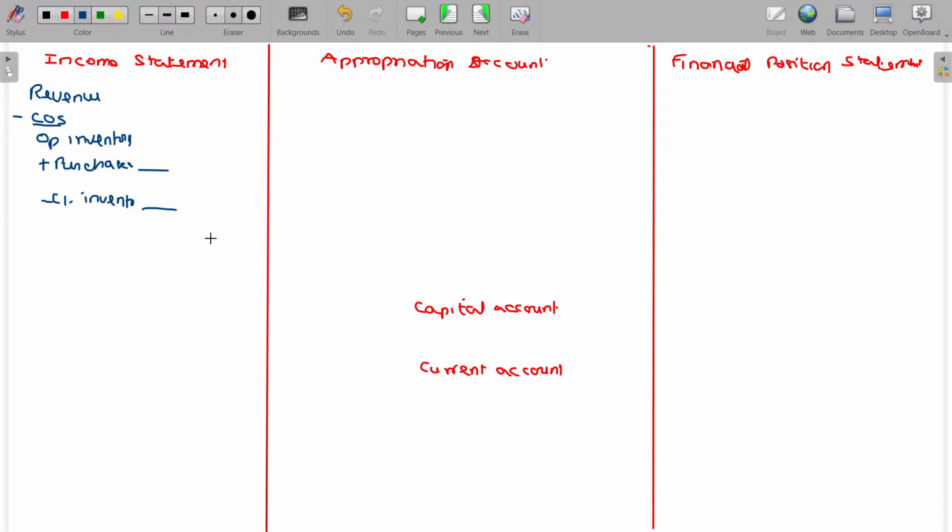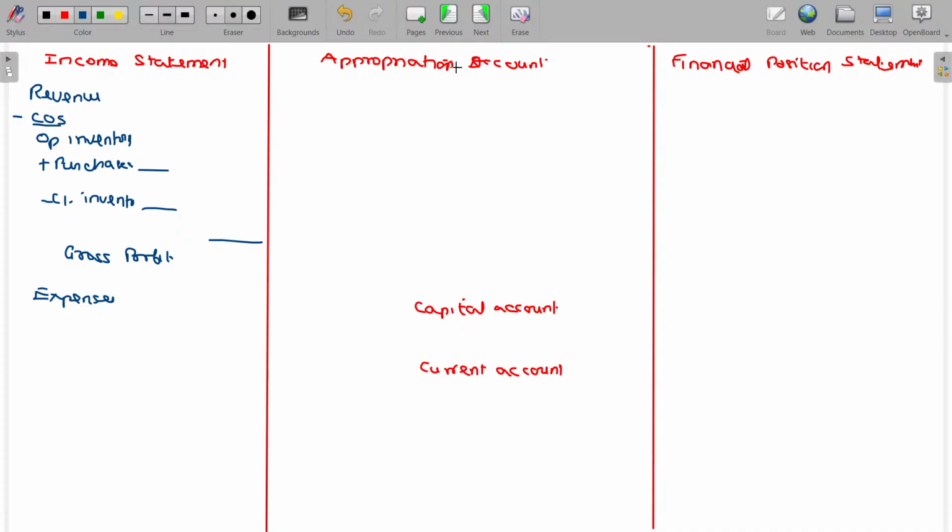And if you subtract this item, cost of sales, from revenue, you will get gross profit. And you have to add if there is any other income with that, and your expenses will be subtracted from here. This is the format.